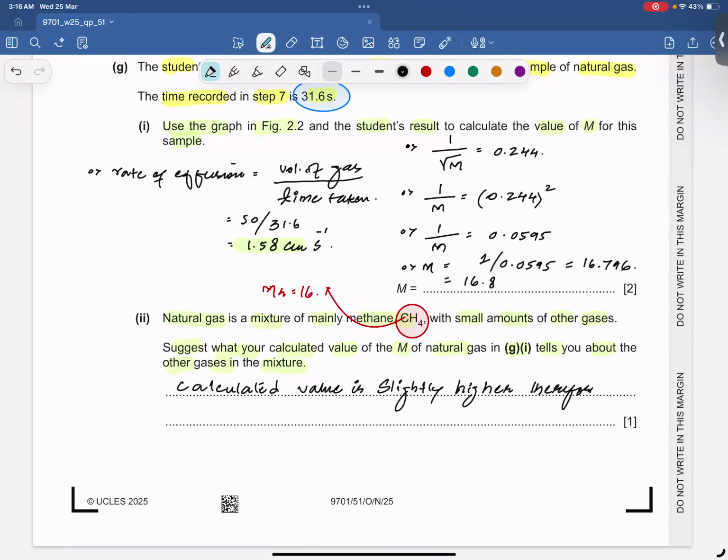Therefore, natural gas contains a small amount of heavier gases like ethane or propane.